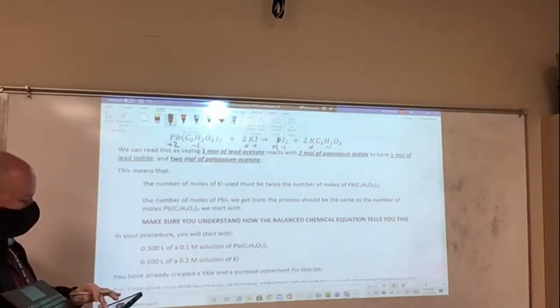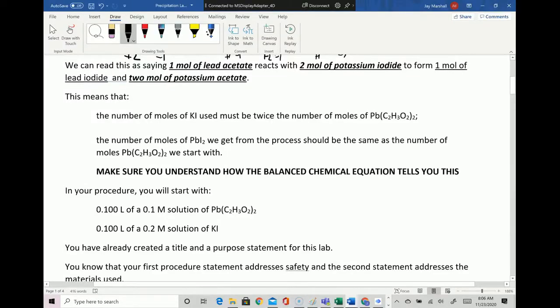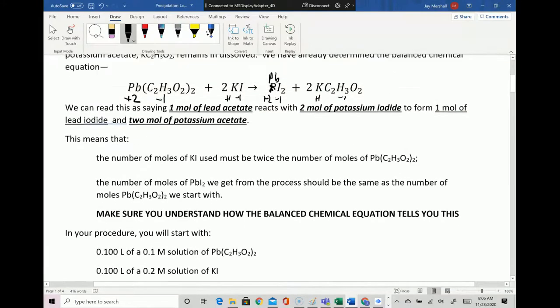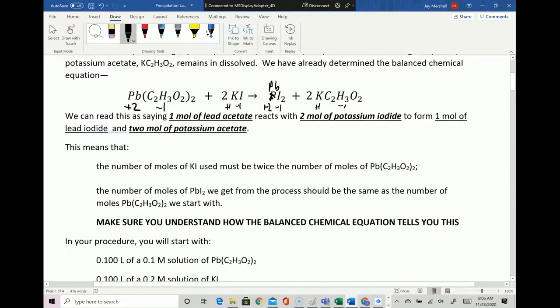So this means that the number of moles of potassium iodide has to be twice the number of moles of lead acetate.